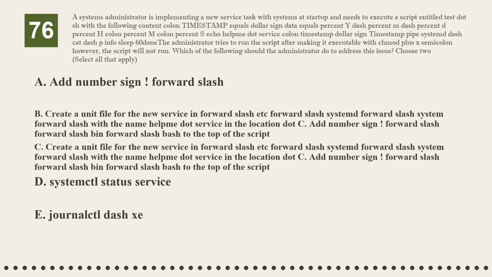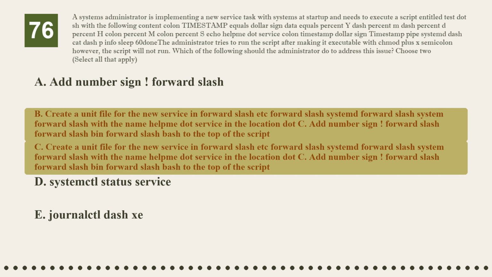Option C. Create a unit file for the new service in /etc/systemd/system with the name helpme.service in the location .c. Add #!/bin/bash to the top of the script. Option D. System status service. Option E. journal-exe. The correct answers are options B and C.